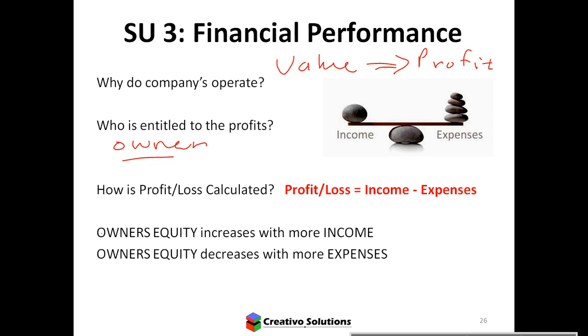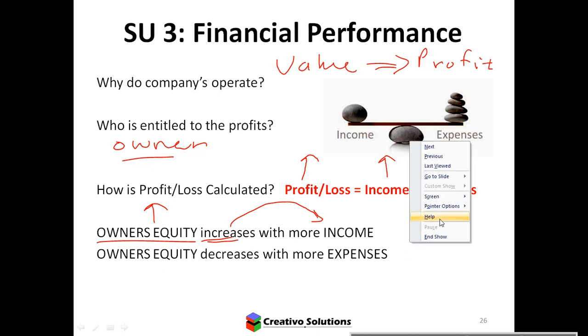What's the relationship with owner's equity? Well, let's have a look. If I have more income, what will happen to profits? It will increase. Correct. And if profit goes up, what happens to owner's equity? Goes up. Correct. So owner's equity increases with income.